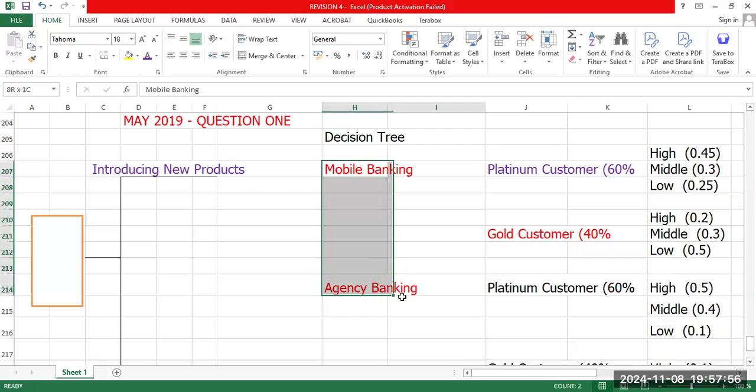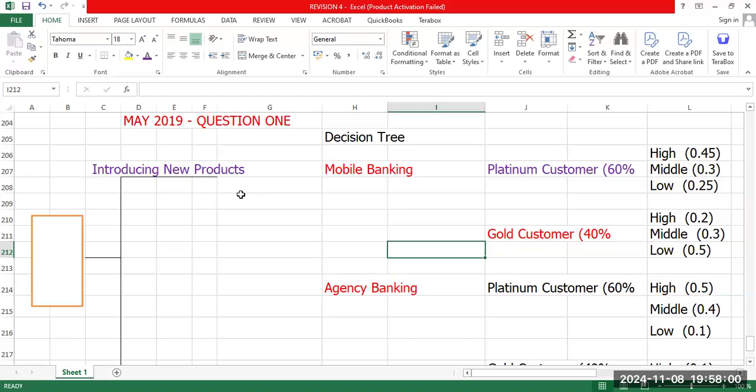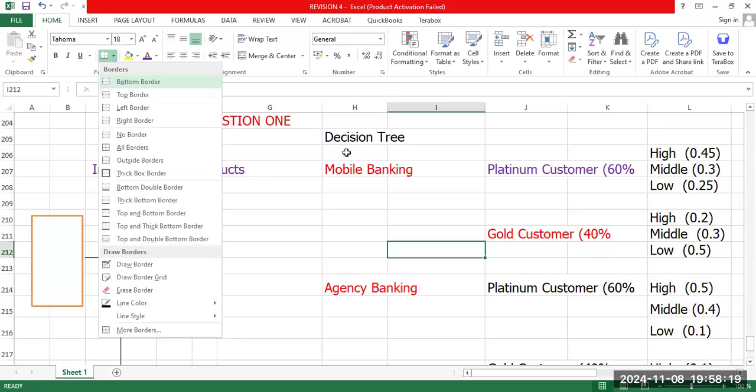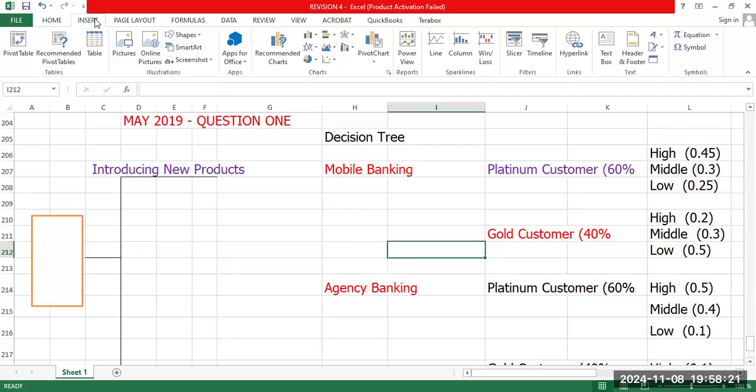So I want to present this on my decision tree. Remember, every time you want to present your decision alternative, each decision alternative must start from a box. So I will have to draw my box and I present this.